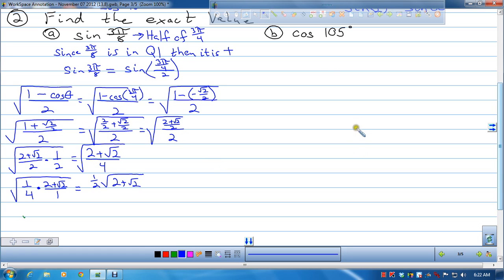Let's continue with this. The cosine of 105, I should recognize that that is also a half angle. It's not twice something that I know, right? It's twice 52.5, and I don't know anything about 52.5. So I should look for half, and that is half of 210 degrees.